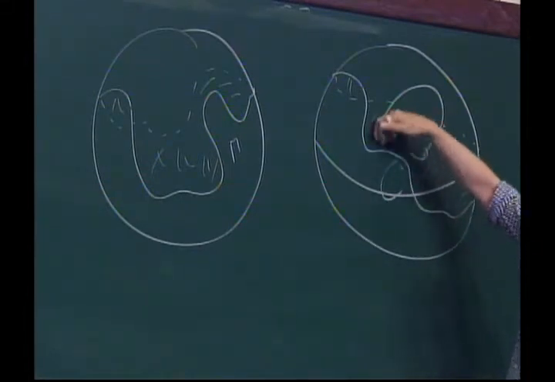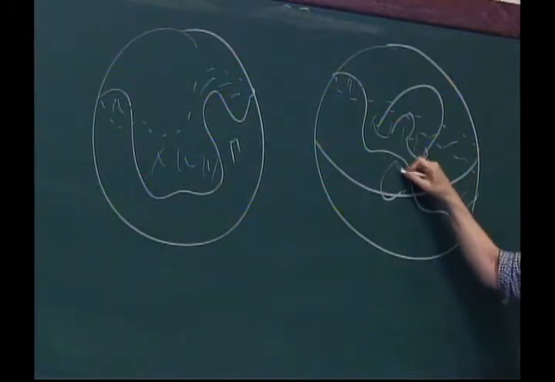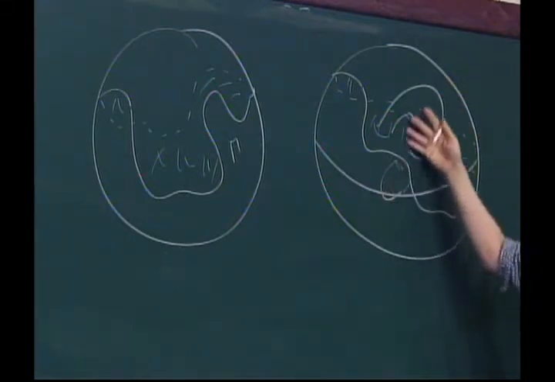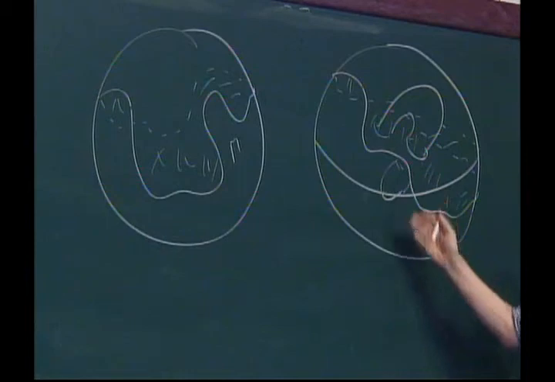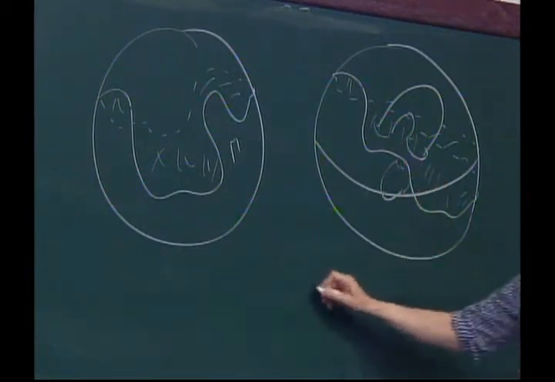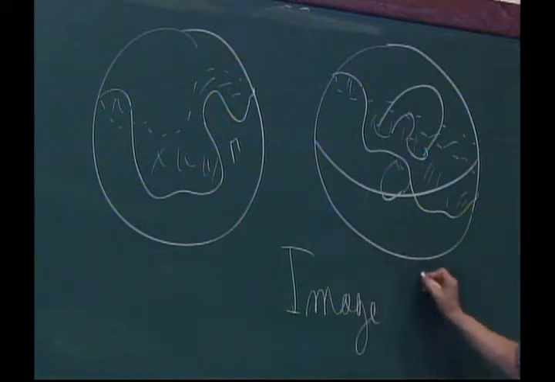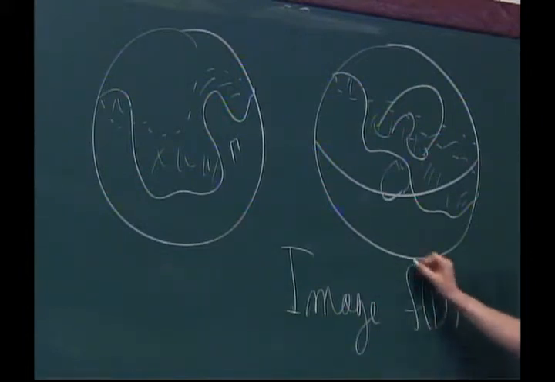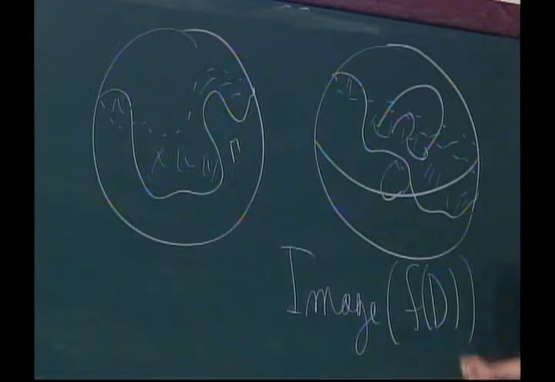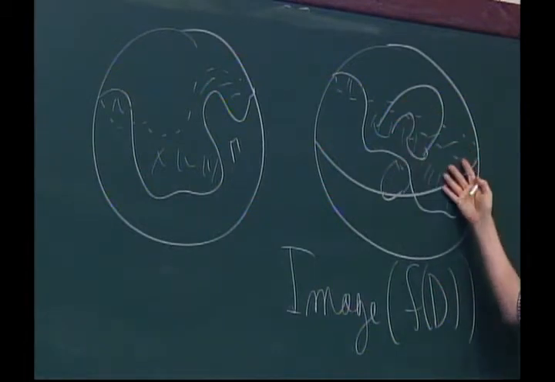Maybe some part of the disk comes through and intersects the disk, a sort of picture like this. But anyway, I can look at the image of f of D. Solve Plateau's problem, look at f of D. That's some kind of set.